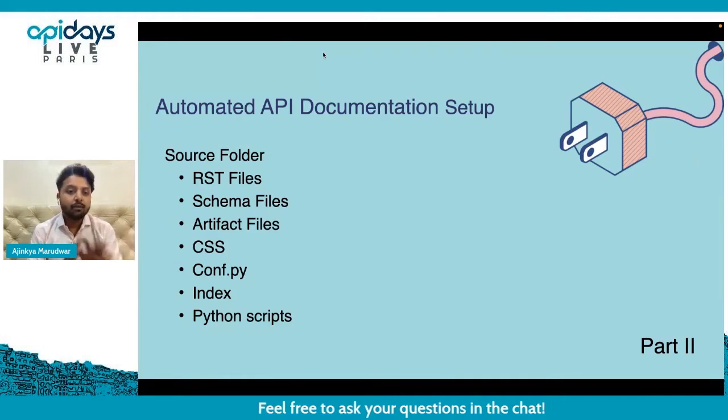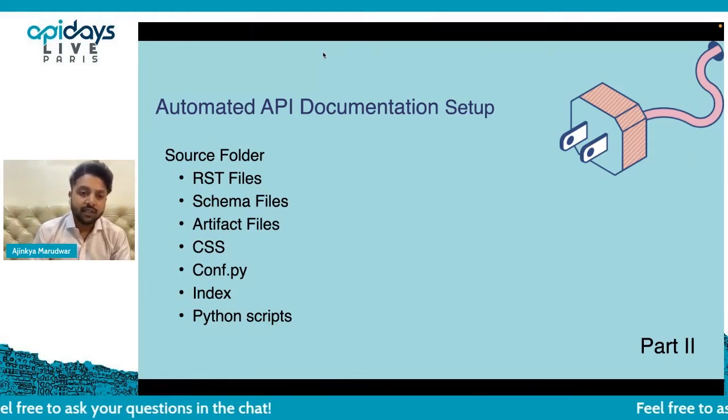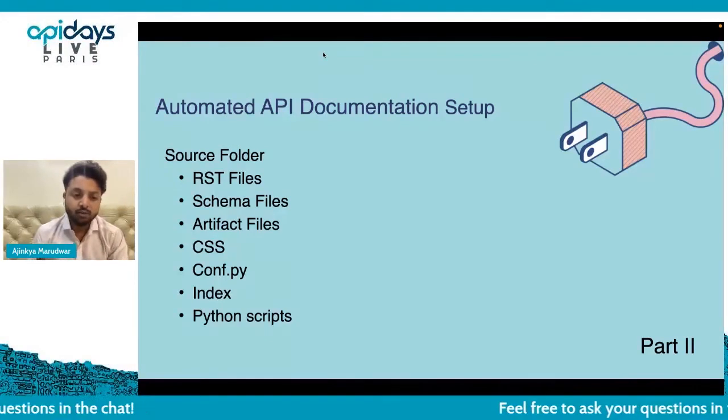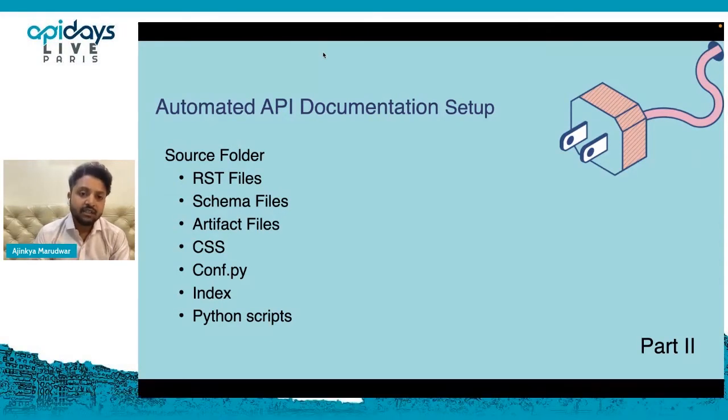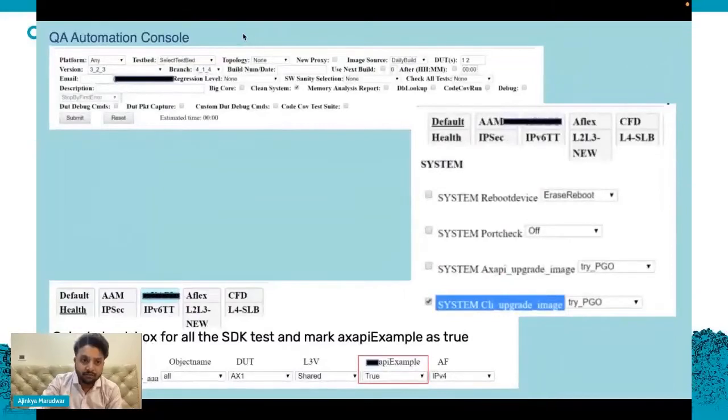We wrote everything in RST format, and that was getting fetched into the source folder while generating the API documentation. There were schema files, artifact files, CSS, config.py, and index. The config was written in Python, then the index, and then we had our basic Python scripts to execute the code and generate the output. This is a basic example of the RST file that we have, which will be shown in the HTML.